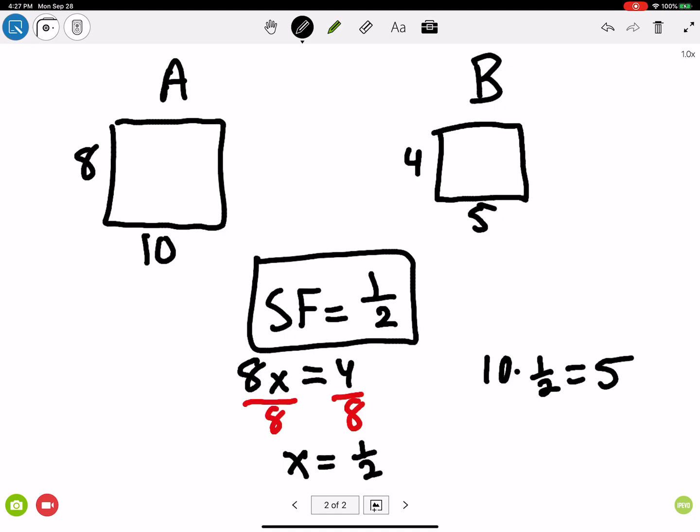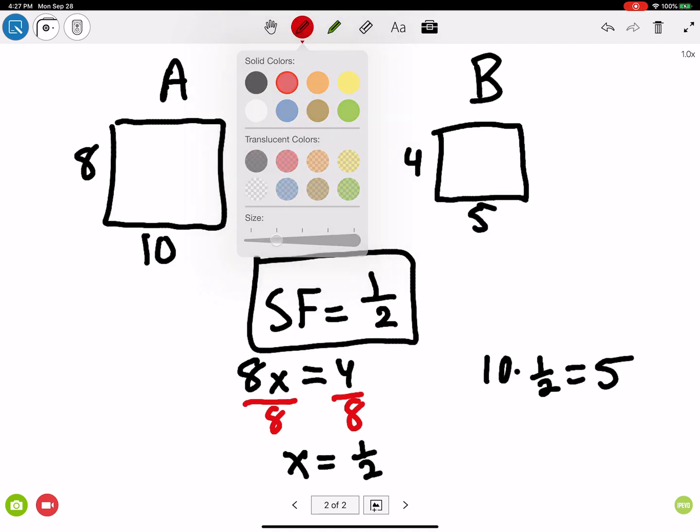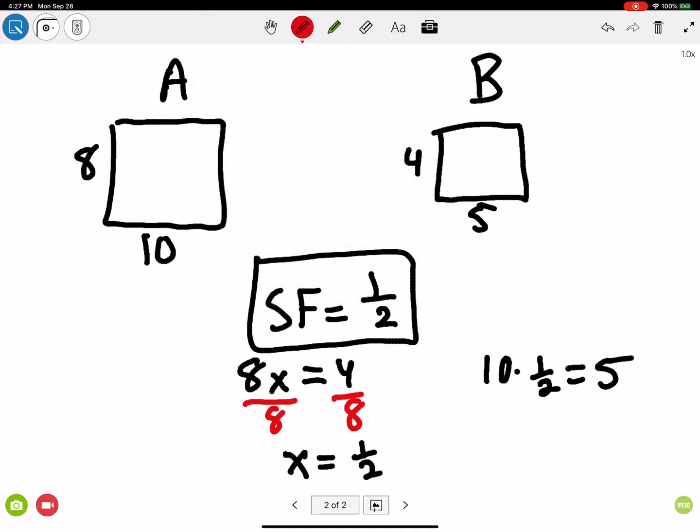So remember what we talked about when we were talking about transformations. My original figure, which in this case I'm going to call A because I'm going from A to B, is called the pre-image. And the new box is called the image.